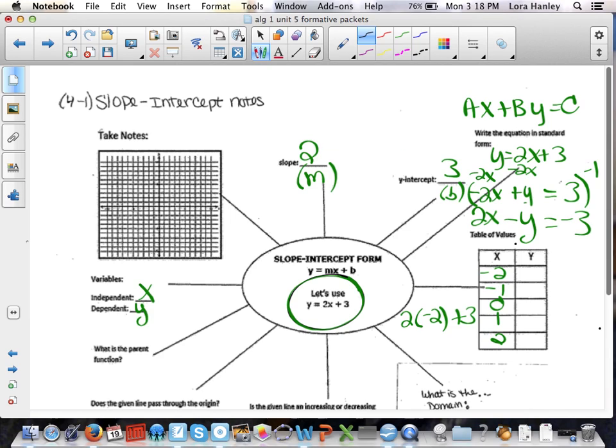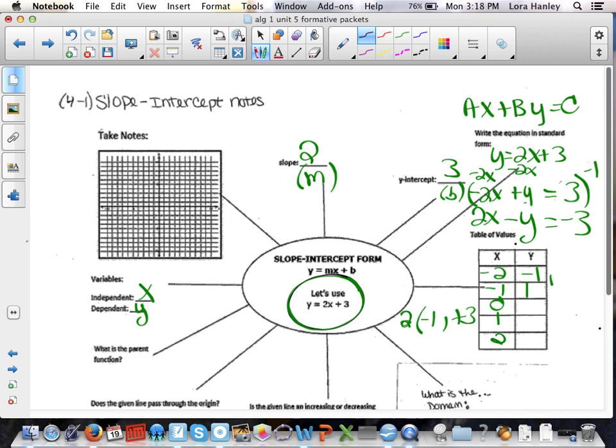Well, 2 times negative 2 is negative 4, plus 3 is negative 1. Now we're going to repeat the process for all the values that we have. 2 times negative 1 this time is going to give me -2, plus 3 gives me +1.